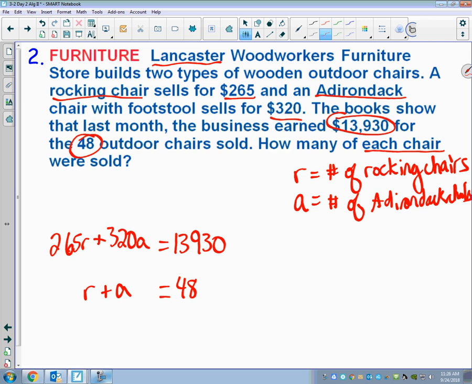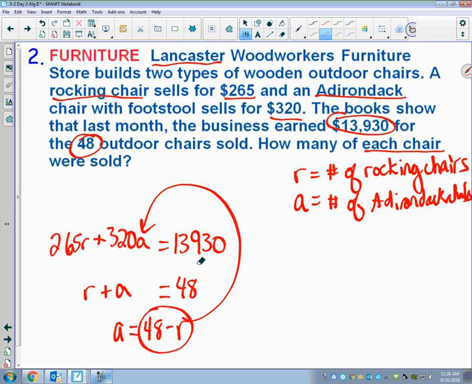So it doesn't matter which one we solve for because both of these would be pretty easy to solve for. But I could subtract the r there and say a equals 48 minus r. So I could take that and plug it in right here. So that would be 265r plus 320 times 48 minus r equals 13,930.